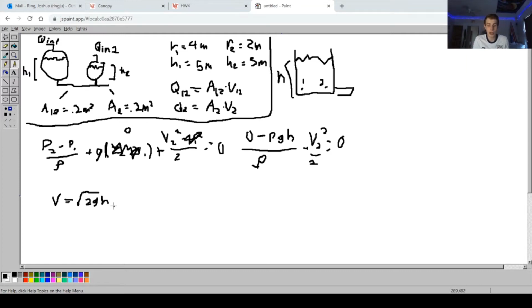Since our problem involves two different tanks, we have to rewrite the equations a little differently. So we put the V in here into these Q equations.